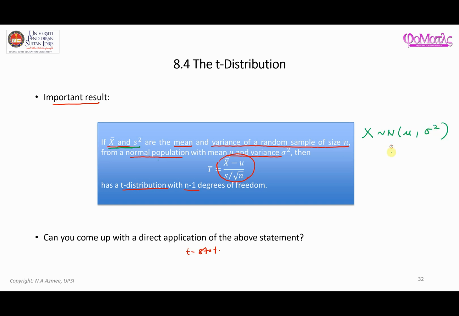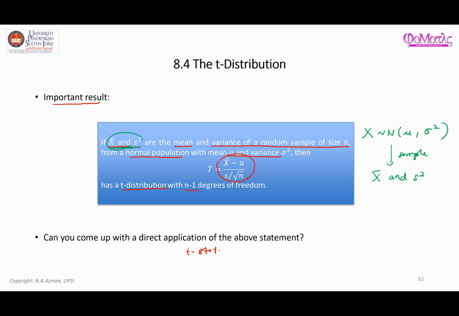Then you imagine drawing a sample from this population, and from that sample, you are able to get x bar and s squared.